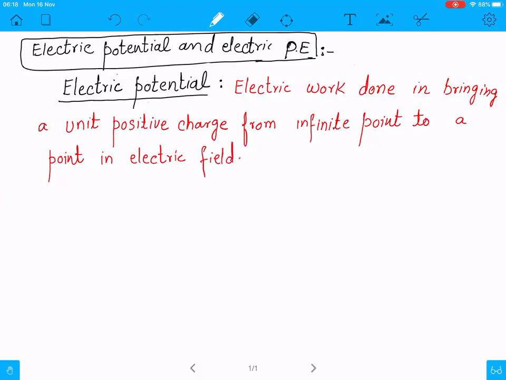So electric potential is basically electric work done in bringing a unit positive charge from infinite point to a point in an electric field.